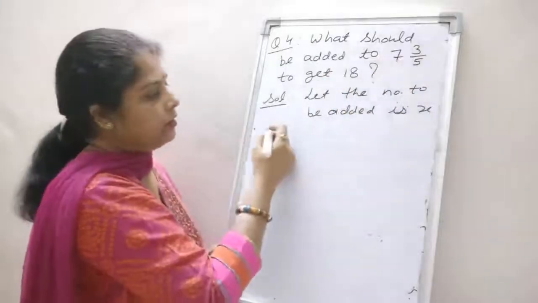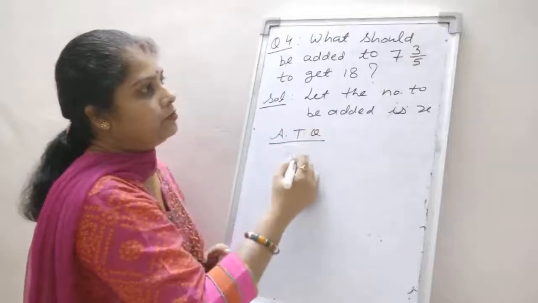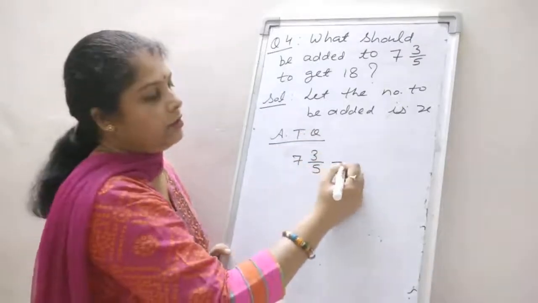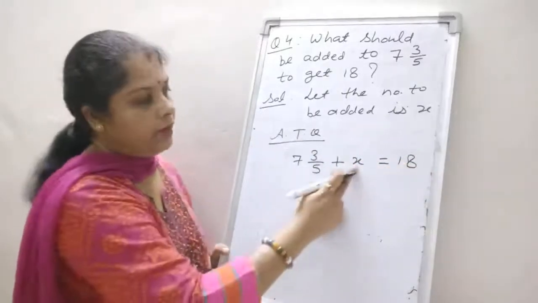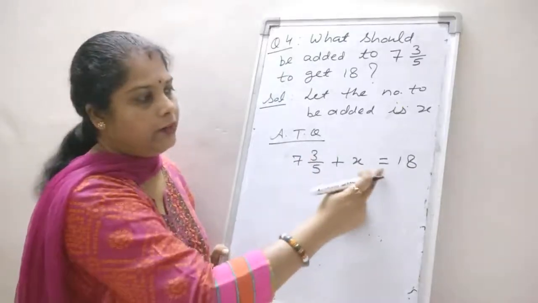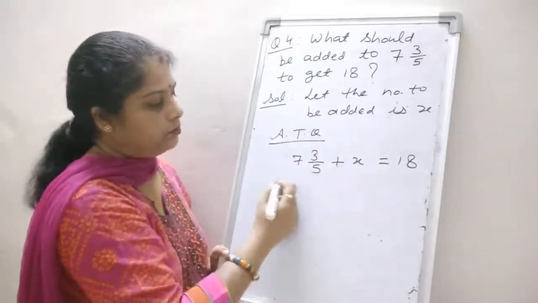Now we will make the equation according to the question. 7 3 upon 5 plus x equals to 18.